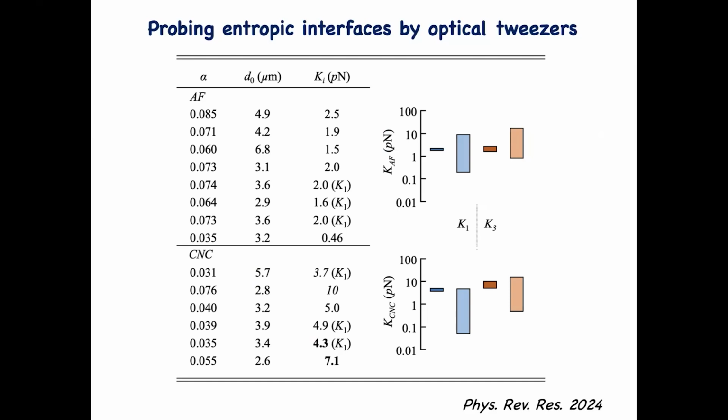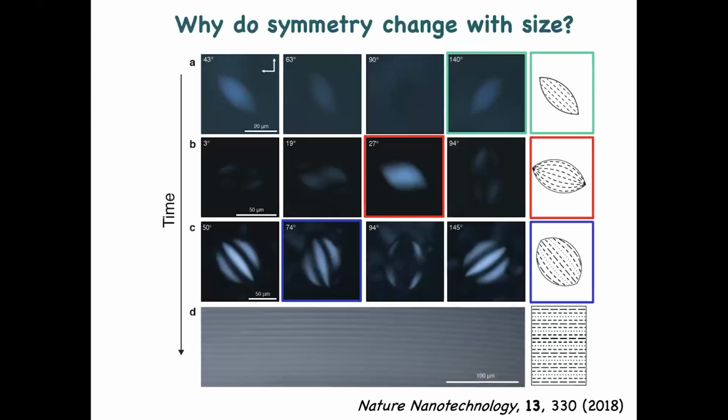So the first thing is that, because we are not looking at liquid-liquid phase separation, the interfaces of these droplets are extremely different. They are anisotropic, both in the surface tension and in the mechanical elastic properties.